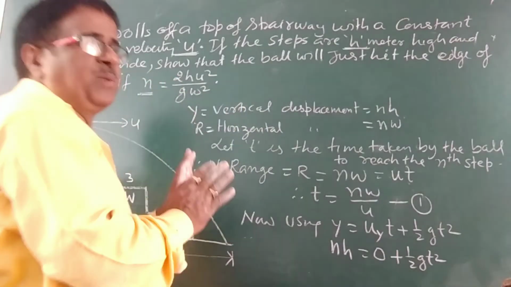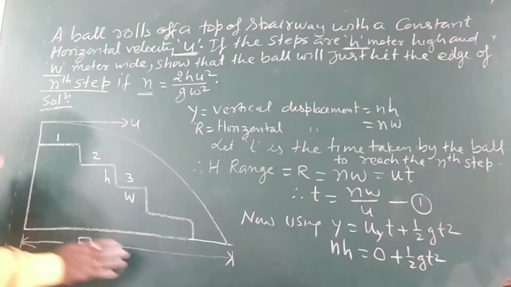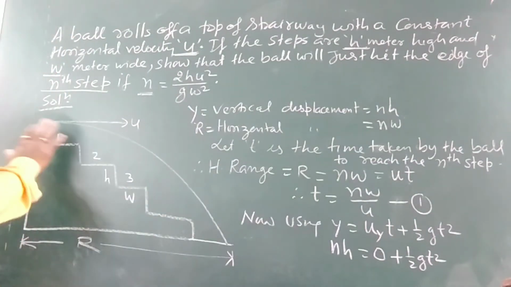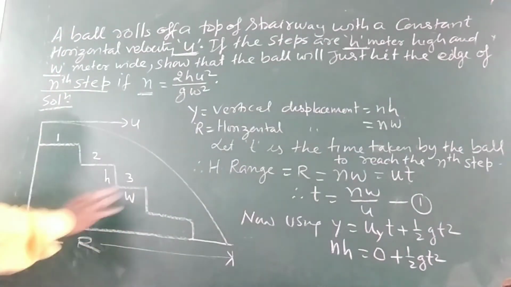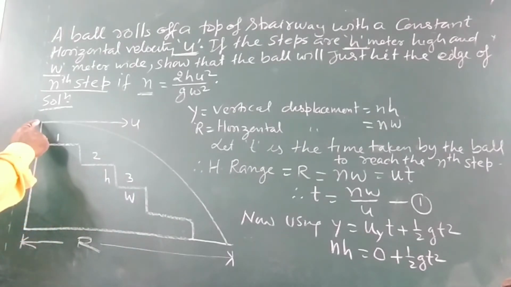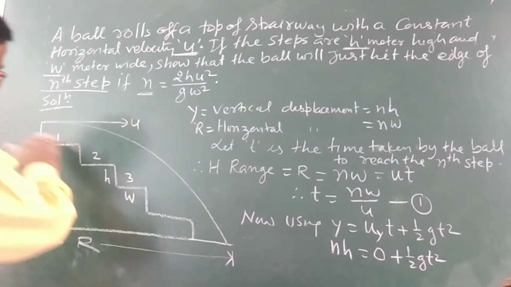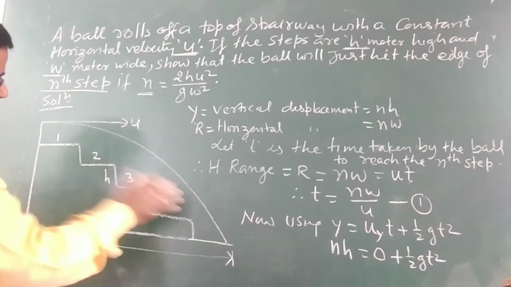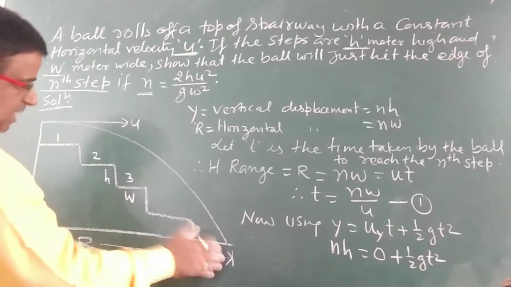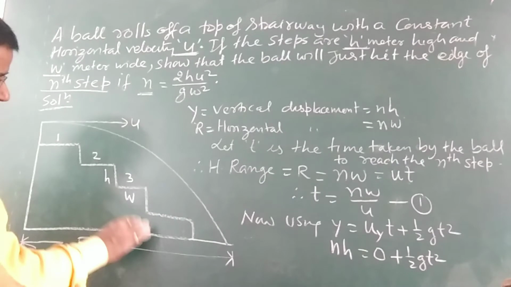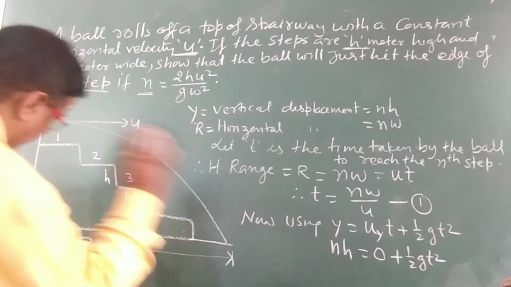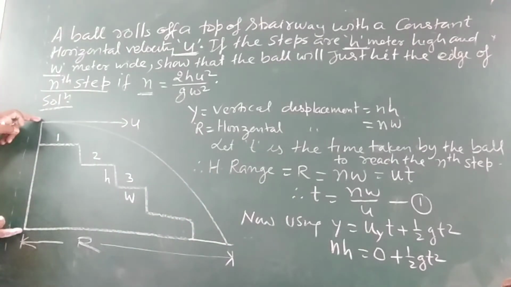To solve this problem, first of all I have made this figure. This is the stairway. Here the ball is thrown from here with initial velocity, and since it moves under gravity, its path will be parabolic and it will hit the nth step at this point. So what is this height?